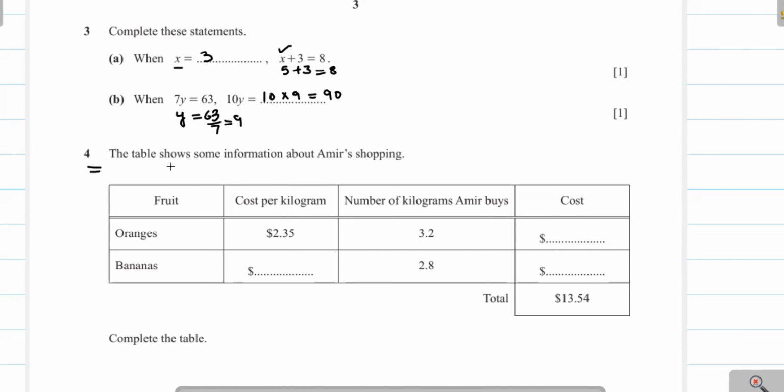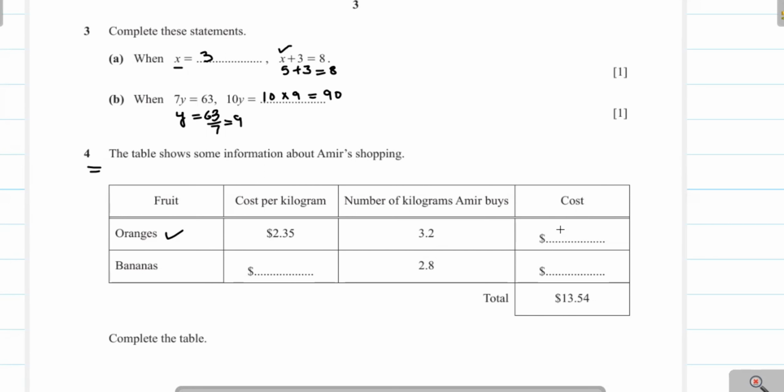Question number 4. The table shows some information about Amir's shopping. Complete the table. You see here the fruits, oranges and bananas, are given. The rate of the oranges is $2.35 per kilogram, and the number of kilograms Amir buys is 3.2.